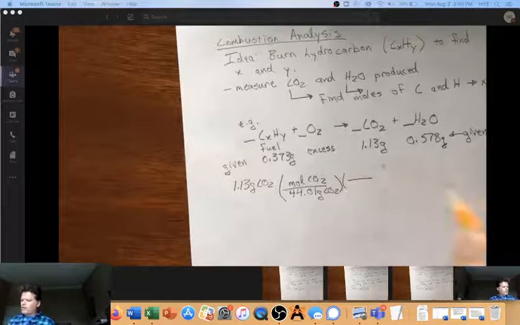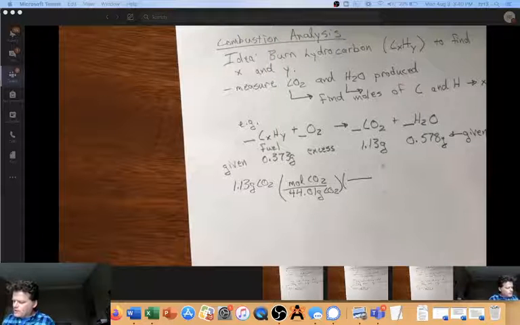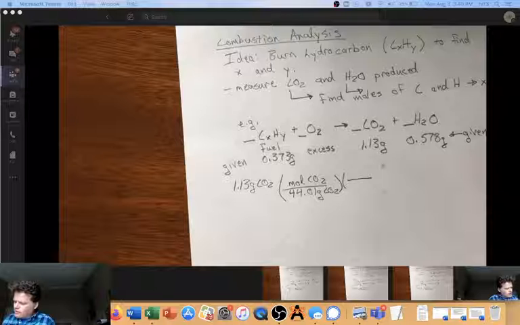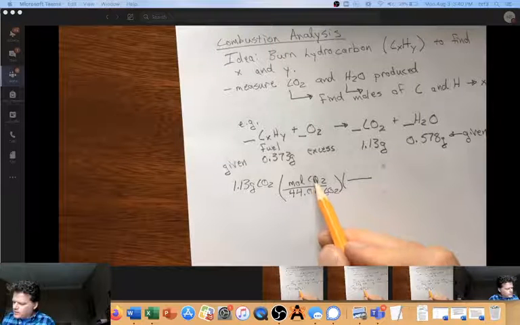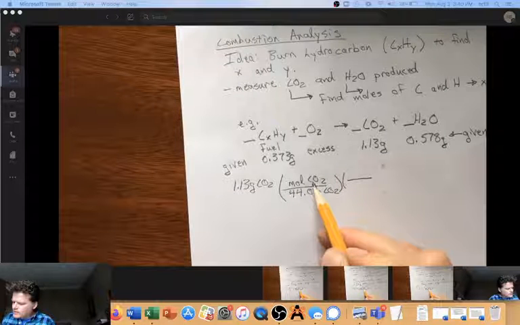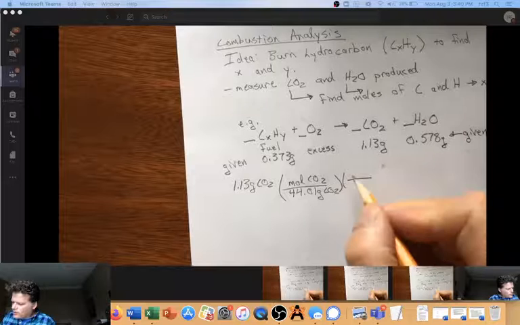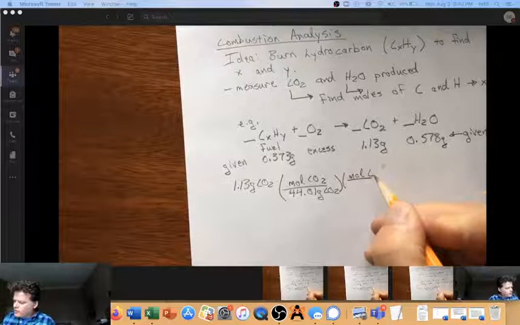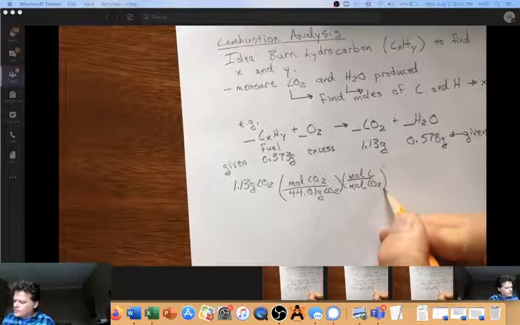And we don't want moles of carbon dioxide, though. We want moles of carbon. So what's the conversion factor there? This is often a confusing point for students, but it's easier than you might think. How many moles of carbon are in a mole of carbon dioxide? It's given by the subscript 1. There's 1 mole of carbon for 1 mole of carbon dioxide. So it's in the subscript.